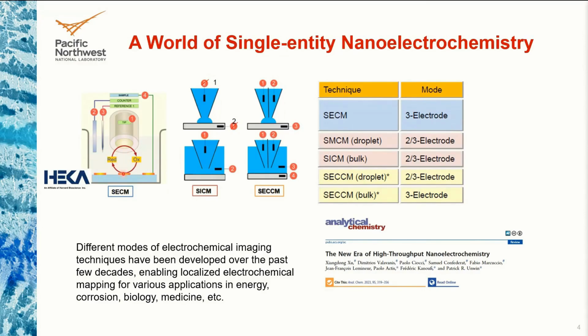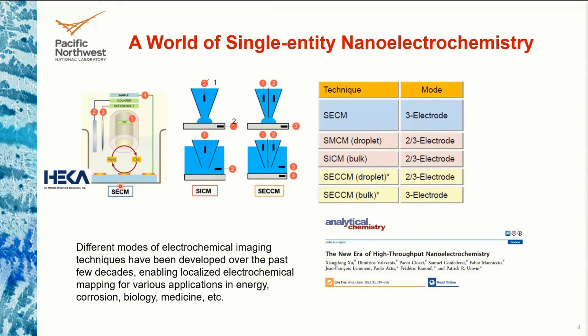By monitoring the number of times the redox molecule goes back and forth in a ping pong fashion, you can estimate the surface mapping and how the activity changes across the surface. There are various applications that stemmed from this SECM that still exist and are used in many groups and in many applications.